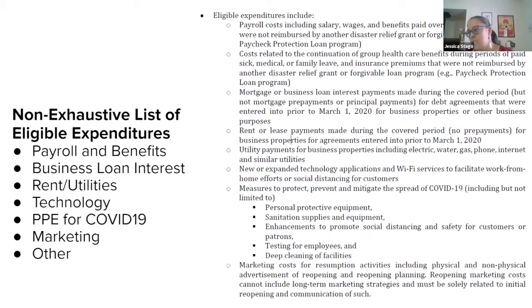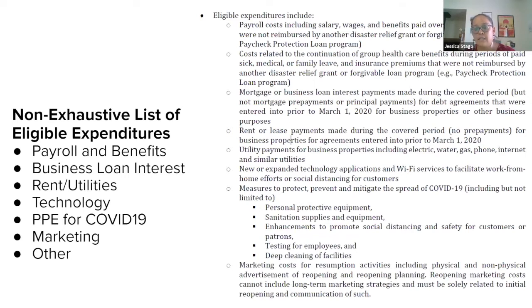Technology. This is if you needed to purchase any technology in order to respond to COVID-19. So if you needed to maybe put in a new point of sale system that was reduced touching and had the transactions between people, or if you needed to put in glass or plastic barriers to protect your employees.